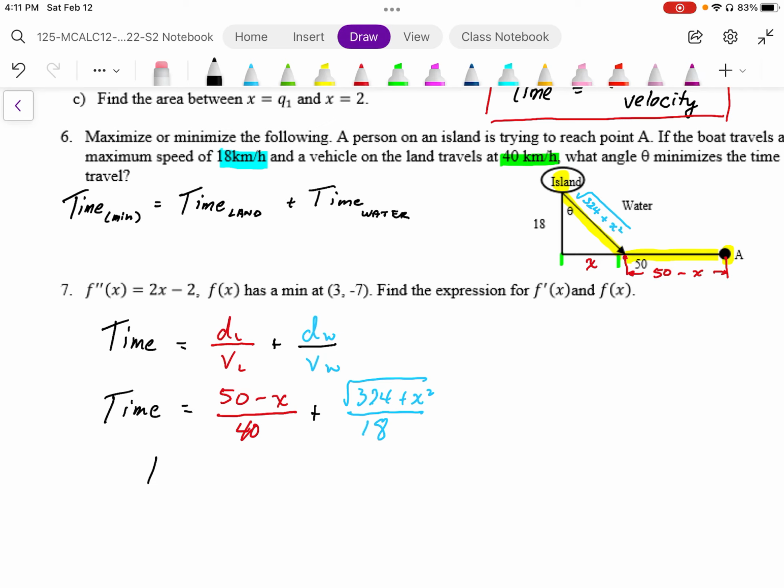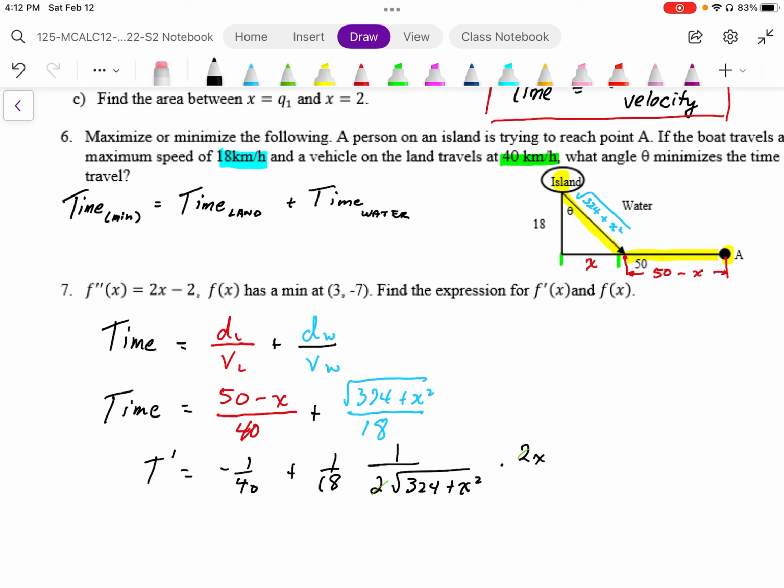So then I'm going to differentiate, get the derivative, and we end up with, in this case, negative 1 over 40. So the 50 differentiates to 0, plus 1 over 18, and then 1 over 2 square root of 324 plus x squared times 2x. So those 2's are going to cancel out, so we're going to have a few simplifications here.